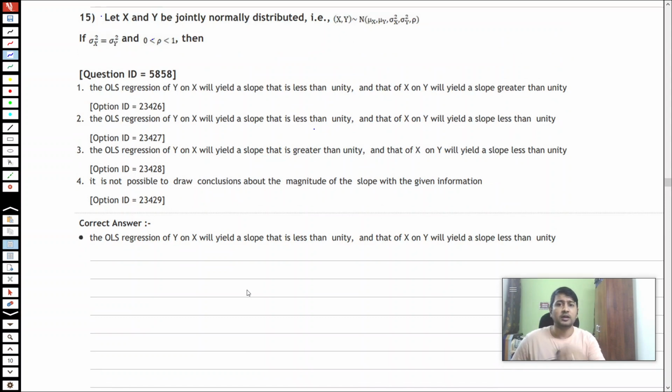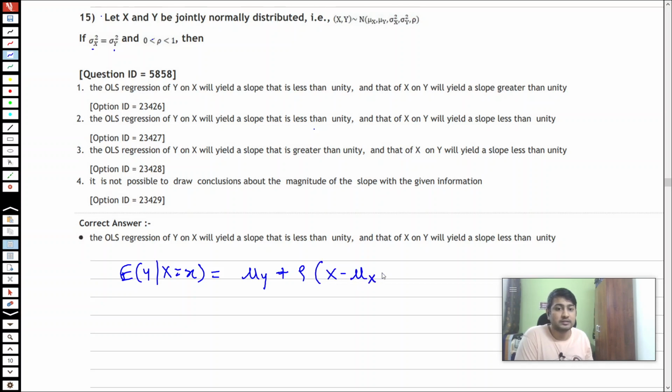So what I feel is required here is to understand that since sigma x and sigma y are the same, both these variables have the same variance. And now that they have a correlation factor of rho, what you can say is that expected value of y given any value of capital X equals small x must be equal to mu y plus rho times of x minus mu x.